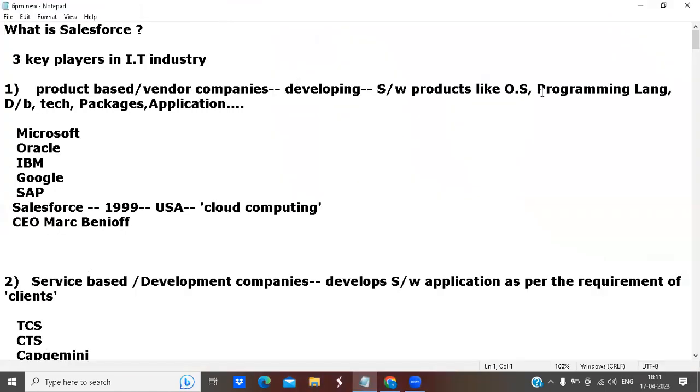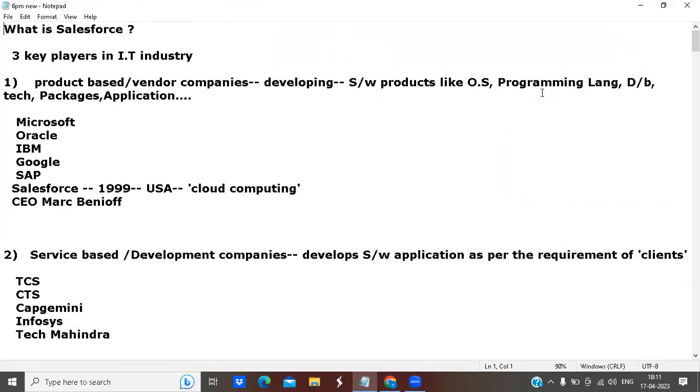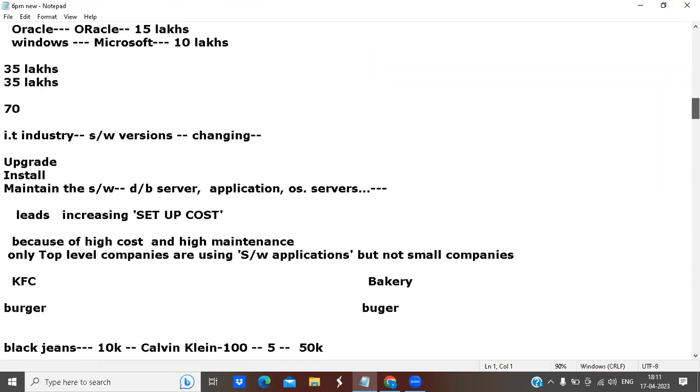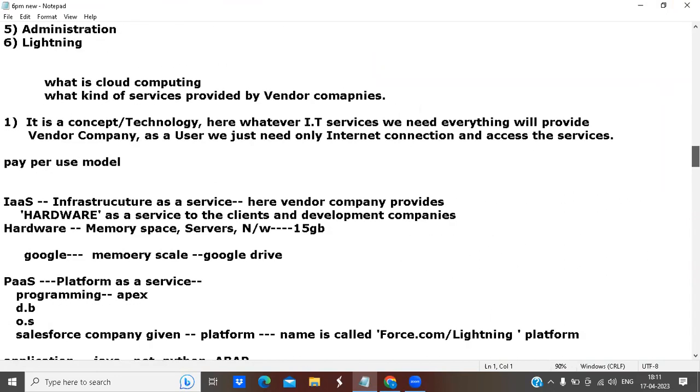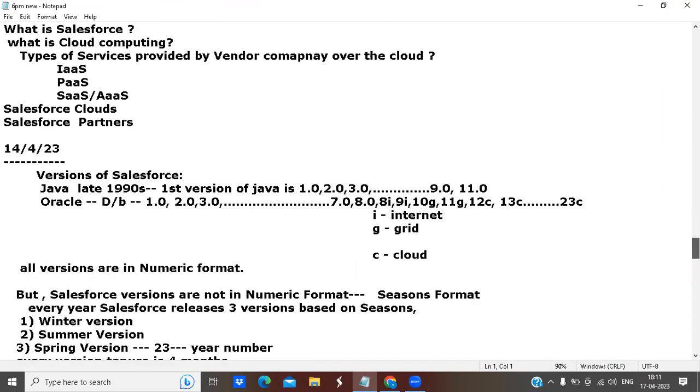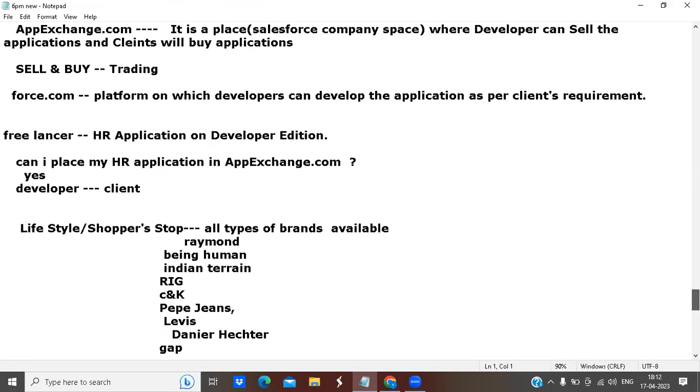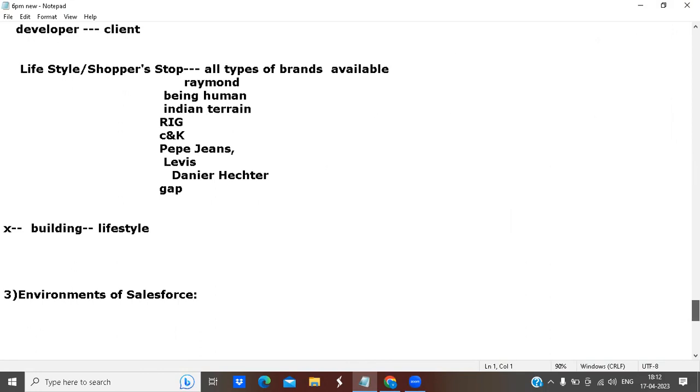Among these, developer edition is the free edition. I also explained why Salesforce gave the developer edition as a free edition. I hope you remember.